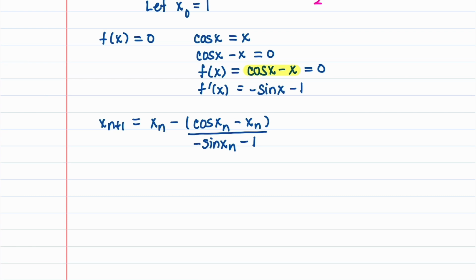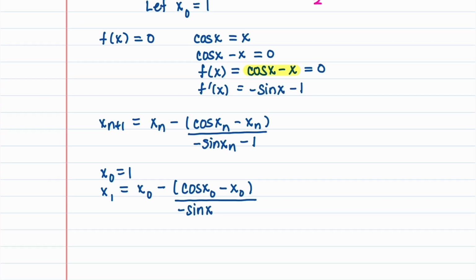Now we're ready to start getting our approximations. Let's write down that x0 is equal to 1, and we now can find x1. Let's write down the formula. It is going to be x0 minus cosine x0 minus x0, all divided by minus sine x0 minus 1.